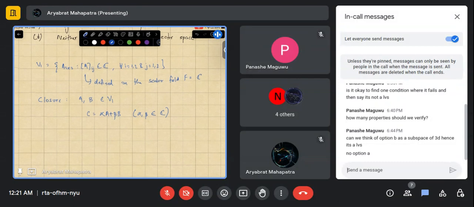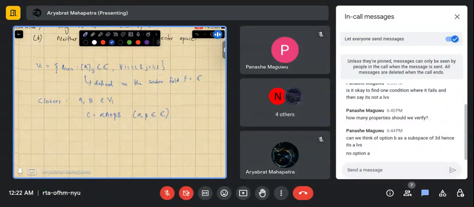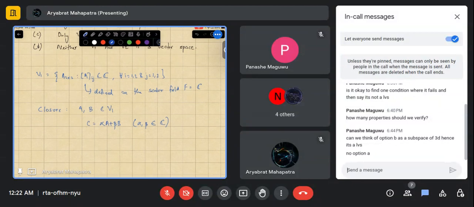So you will see that this C will also form a 2 by 2 matrix whose entries would be complex, and that will be defined on a complex field. So I can write something like this.